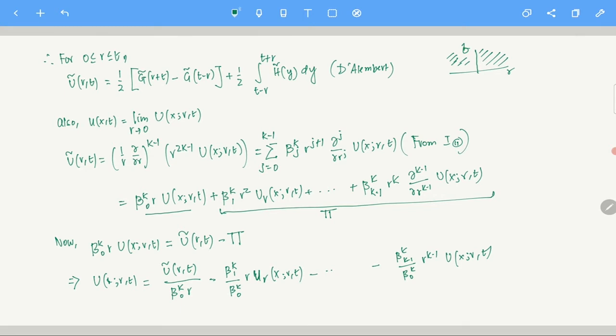Now you see, if I want to find what is small u of x,t, what is small u of x,t? Small u of x,t is the limit of capital U as r tends to 0. So basically I have to take the limit as small r tends to 0 of this particular thing, right? Then I will get small u. So let's just do that.